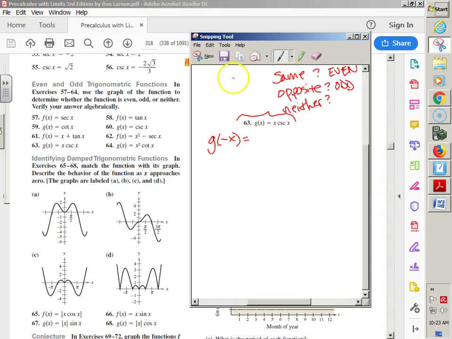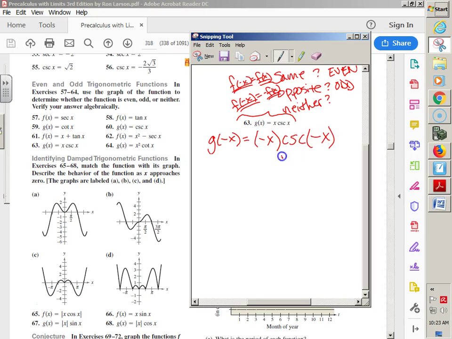And that's because even had this little formula where it stayed the same. When you plug in a negative, there was no difference. Odd had the formula that when you plug in, the result is now the opposite of what it was. So if I plug in a negative to this x.